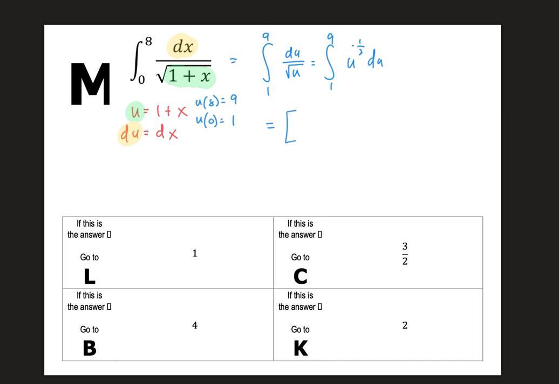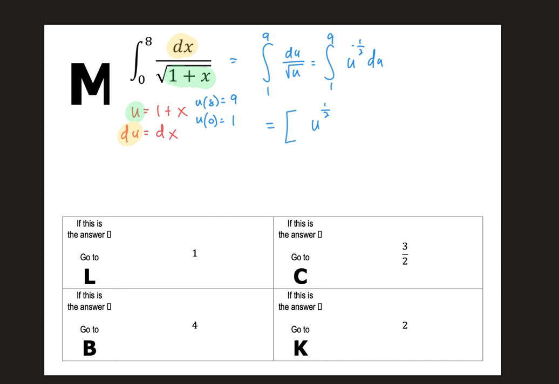Okay, so now we could take the antiderivative. If your function's variable to a constant power, just add 1 and divide by the new exponent. So you'll get u to the 1/2. Right, negative half plus 1 is 1/2. And then with fractional exponents, you could divide by 1/2, but at the same time, it's the same thing as multiplying by the reciprocal.